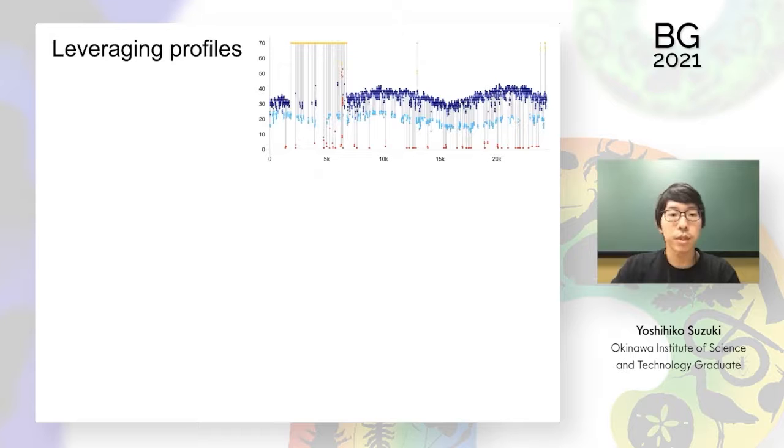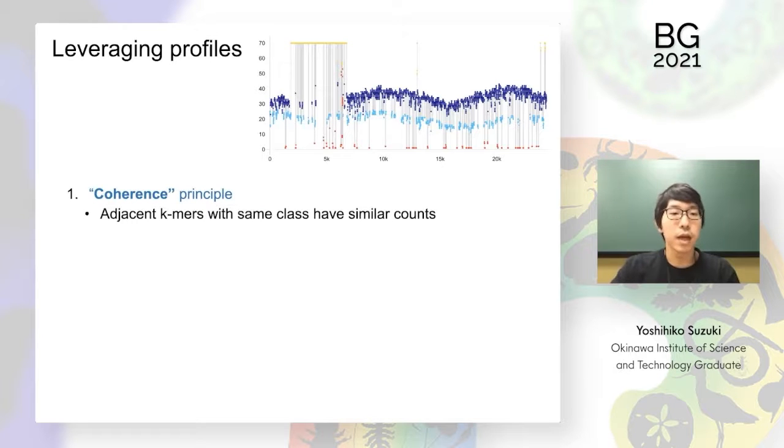So how can we leverage the read profiles for more accurate k-mer classification? Here I introduce some key principles to understand the transition of the k-mer counts in a read profile. The first principle is the coherence principle, which means adjacent k-mers with the same class have similar counts.